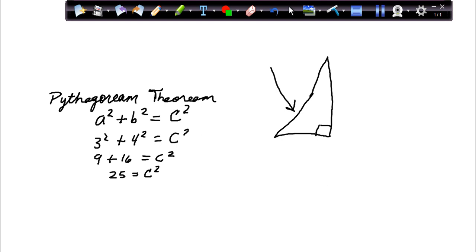So show the 25 in square root, because it says equal to c squared. So we're going to show it as a square root. The square root of 25 equals C.